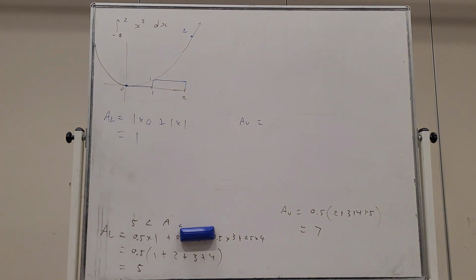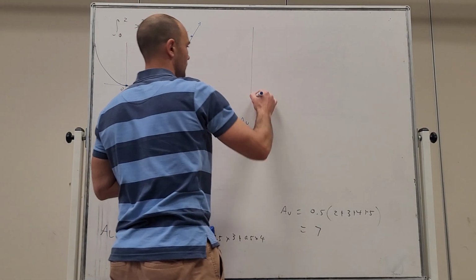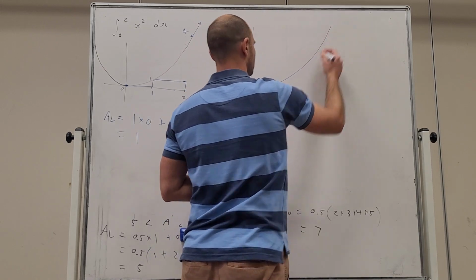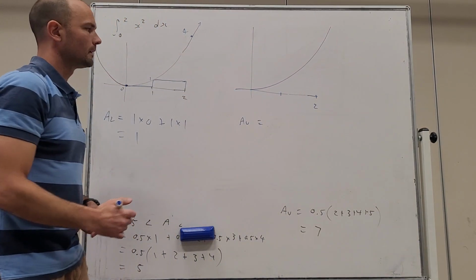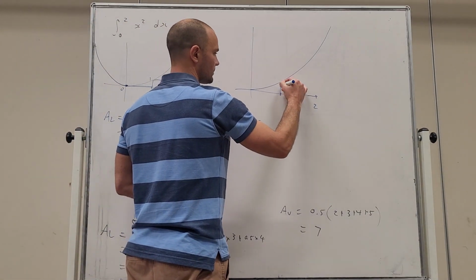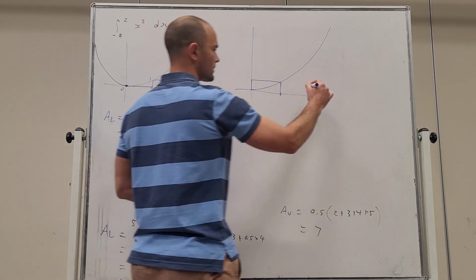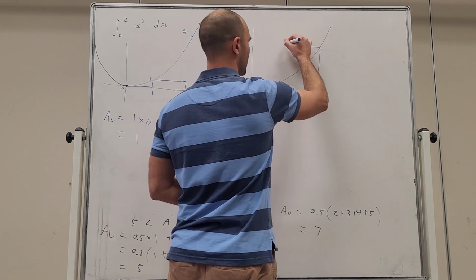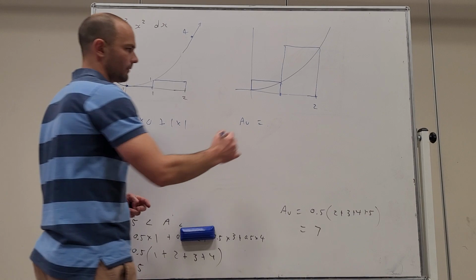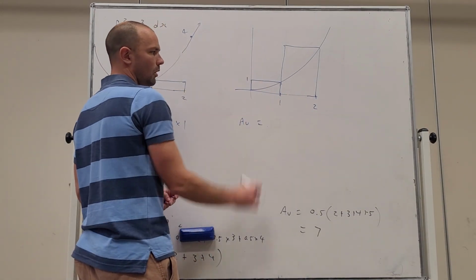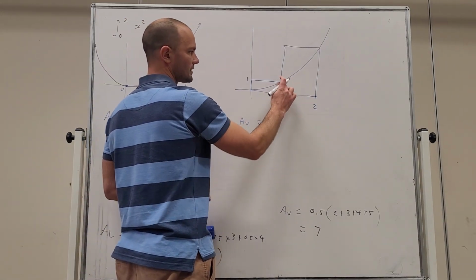Okay, we'll do our upper estimate. I'll sketch the curve again. Upper estimate means we're sketching the rectangles above the curve from 1 to 2. So we've got our x values here. This is a y value of 1, 1 squared is 1.